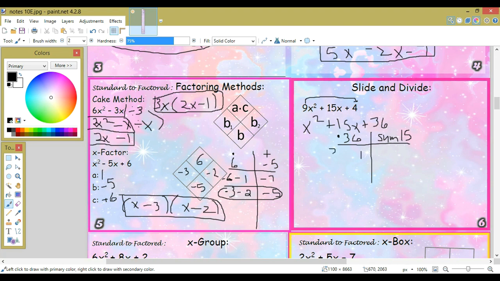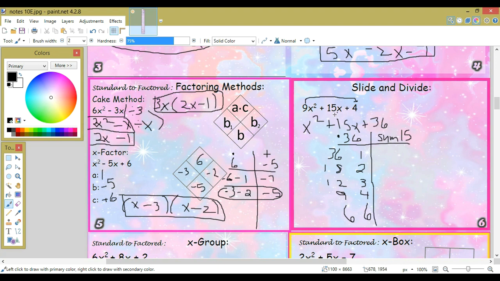We have 1 and 36, 2 and 18, 3 and 12, 4 and 9, 5 and, if you divide 36 by 5, you get a decimal, so that's not a factor. And then we have 6 and 6.